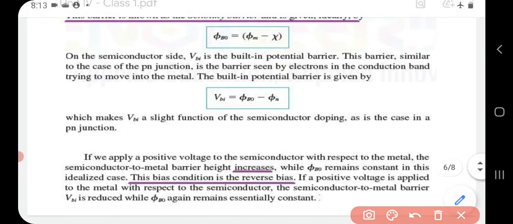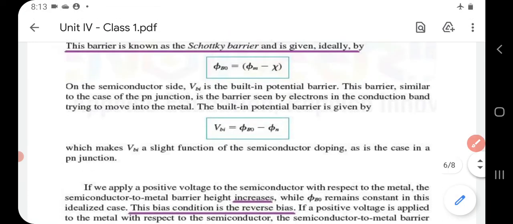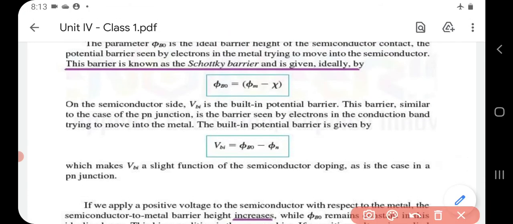Here comes the definition for the Schottky barrier. What is the Schottky barrier? You have to write this paragraph and this expression. What is phi M? Work function of metal. Chi is electron affinity, which we have already seen. And now on the semiconductor side, you can see a term called VBI.